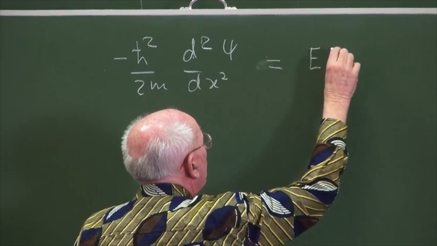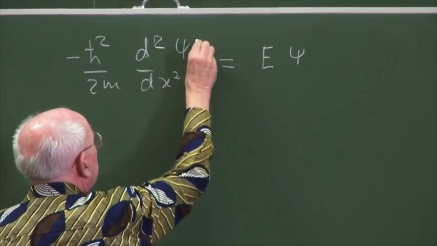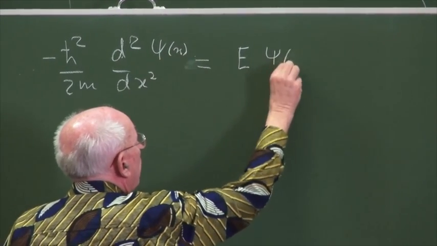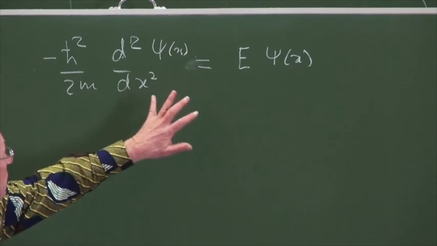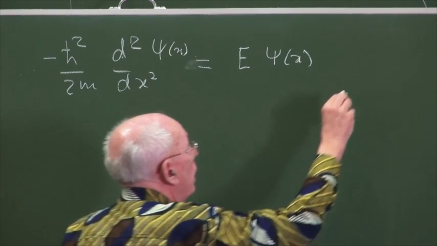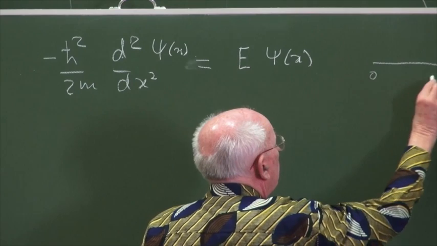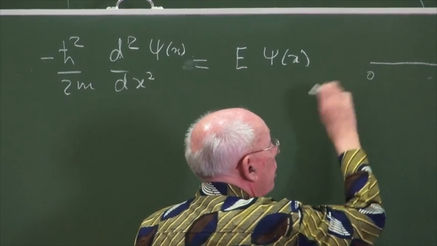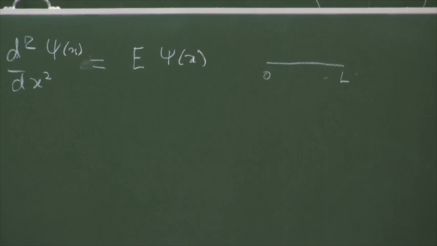E times psi, and this is a function of x. This is because we are working in the Schrödinger picture. I said we could work in other pictures, but we work in the Schrödinger picture. We have to solve this equation on the interval 0 to L, and outside that interval psi must be 0.